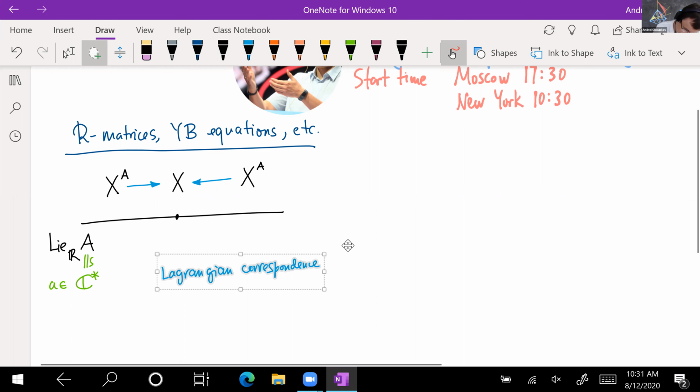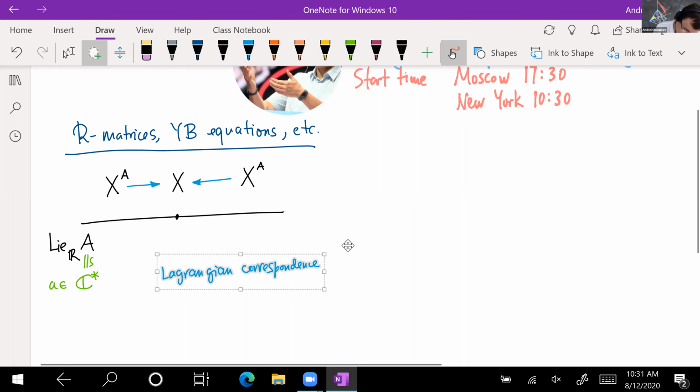Correspondence, maybe I'll write inside X cross fixed locus.